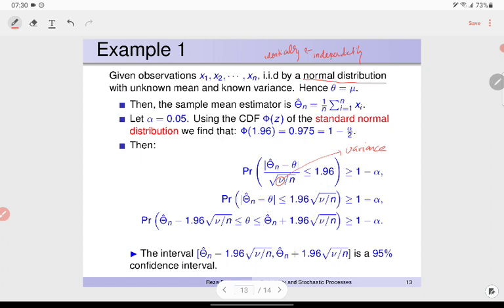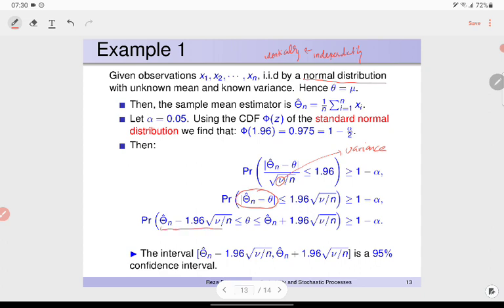And because we have the absolute value, we can turn this into an interval: theta hat n minus 1.96 multiplied by the square root of nu divided by n is less or equal to theta, less or equal to theta hat n plus 1.96 multiplied by the square root of nu divided by n, and this will be more or equal to 1 minus alpha.